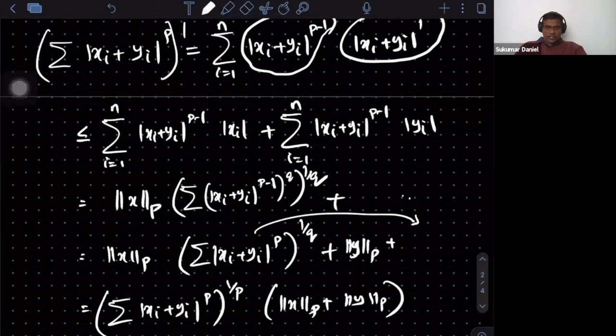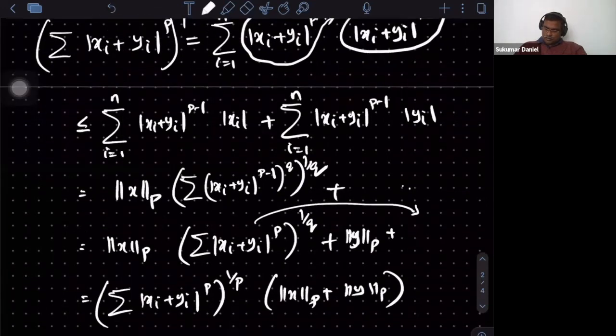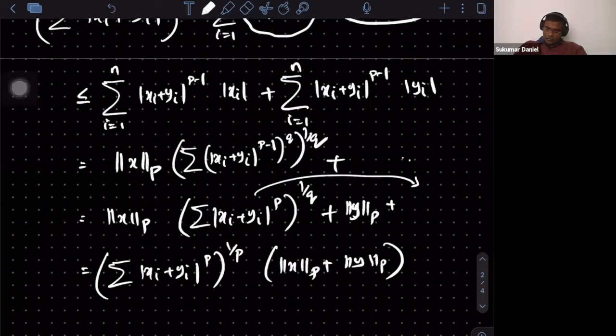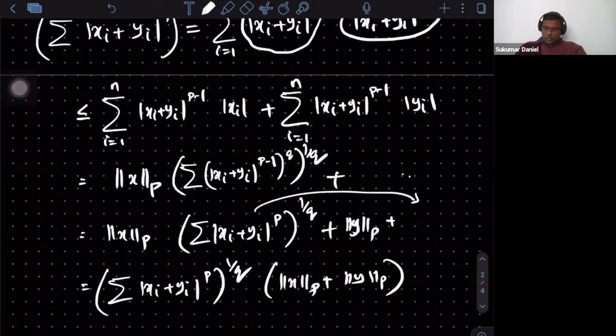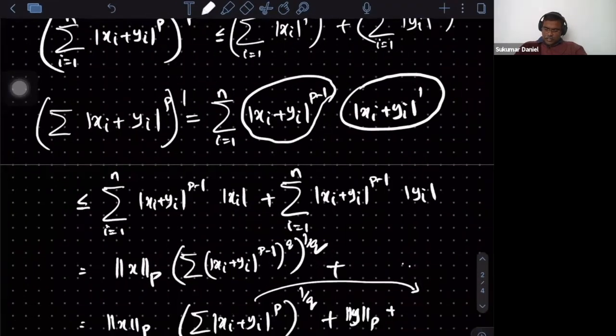So if I take this as a product now, if you take it to the other side, it becomes 1 by 1 minus 1 by p, which turns out to be q. So it is 1 by q. So 1 minus 1 by q, you will get p. So take this to the other side.